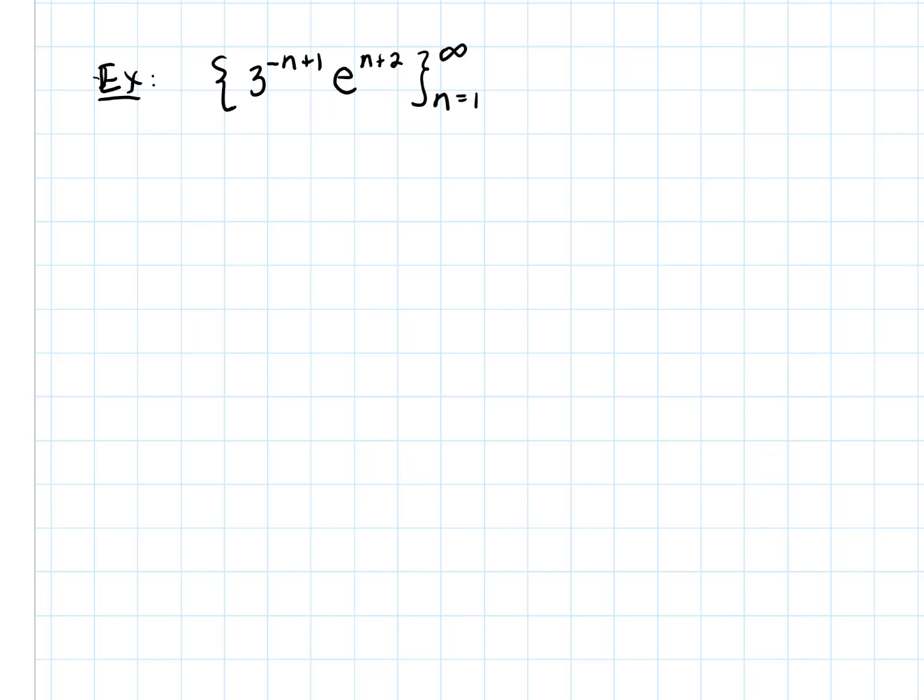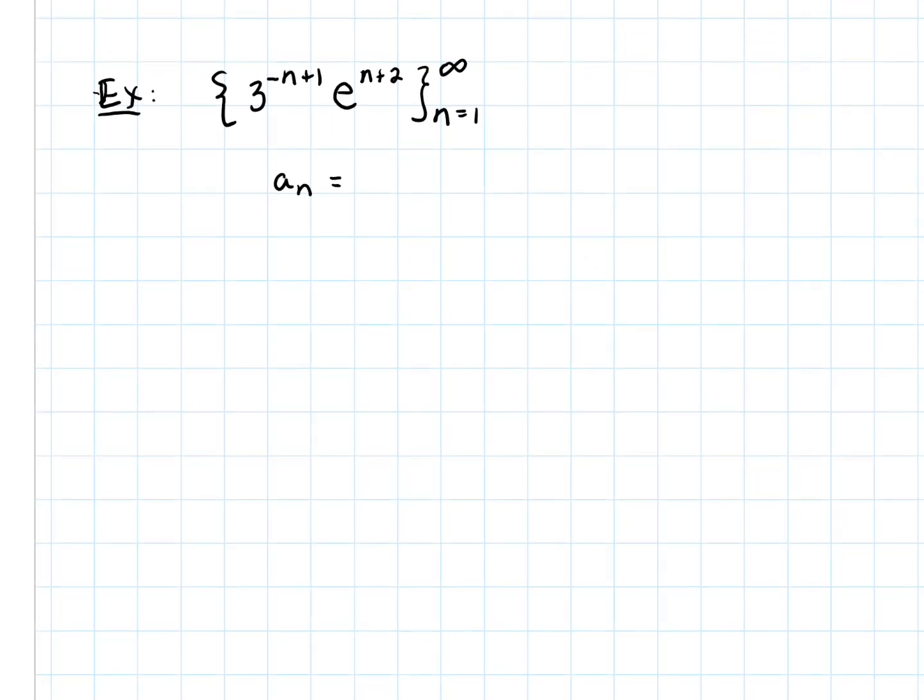Let's talk about what happens here. If we're thinking about what the a sub n term looks like, I see those powers with the n's and the constants in the exponents. So let's play around a little bit with this and see if I can get it to look more like something I can take the limit of, or maybe it looks geometric.